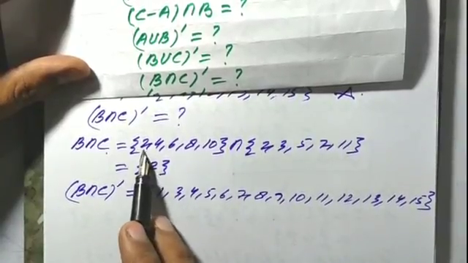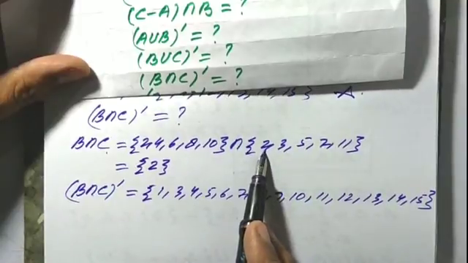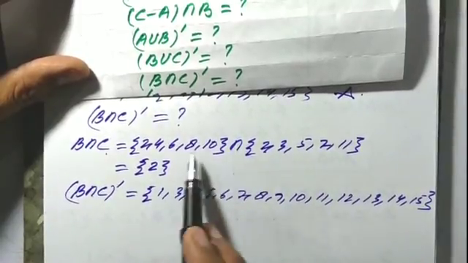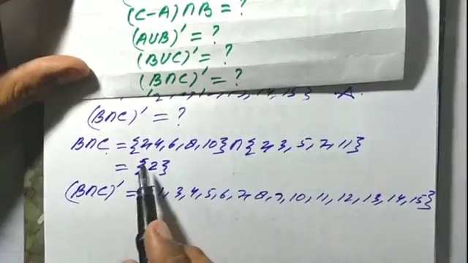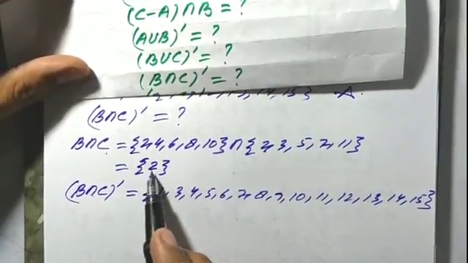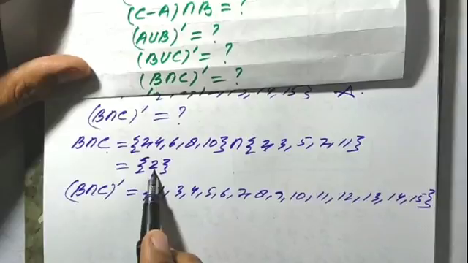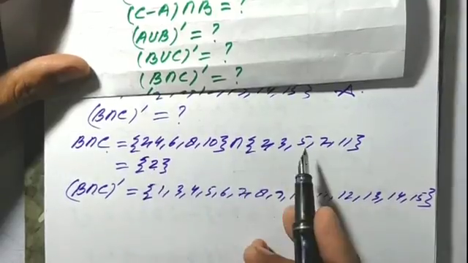There is only one element, that is 2, which is common among these two sets. So we have to take only 2. Rest of the elements are uncommon.